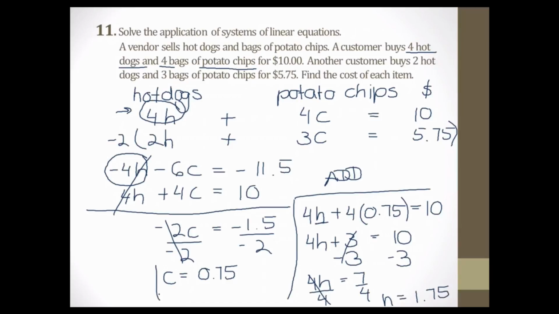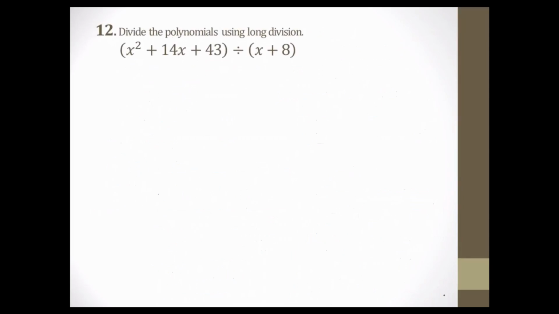So that means that the potato chips were 75 cents, and each hot dog cost $1.75.